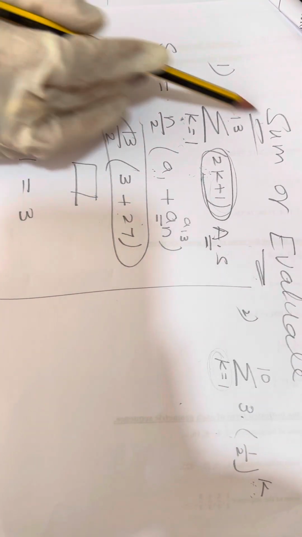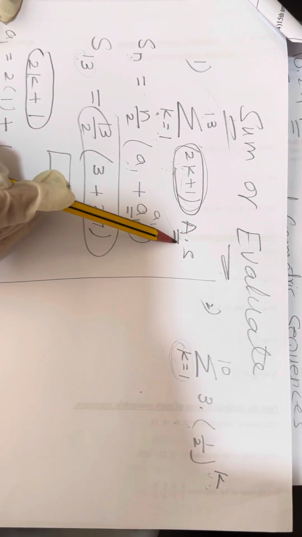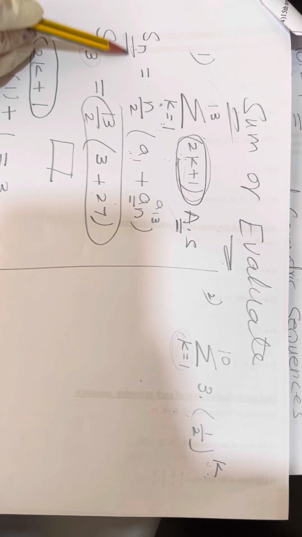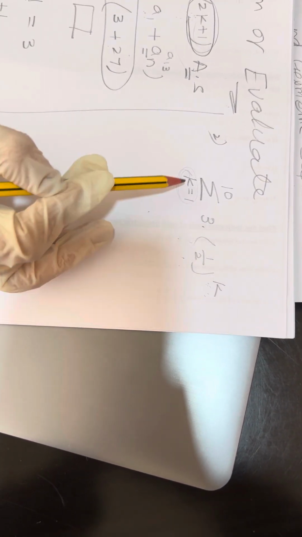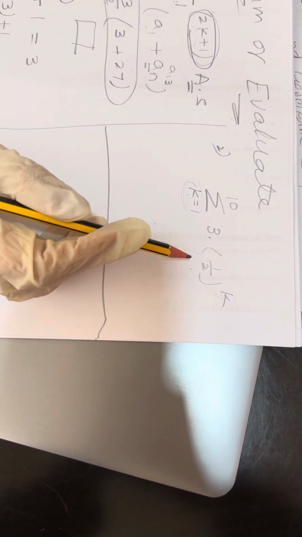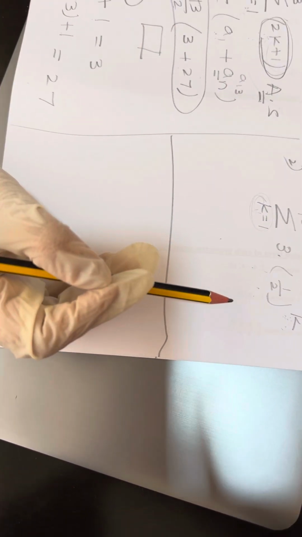So whenever they give you the arithmetic sequence as a sigma notation or as a sequence, and they are saying find sum or evaluate, you have to use the sum formula. This is the sum formula. Now for geometric sequence, how do I know this is geometric? Because the letter is a power. Now in the geometric sequence, we have two types of sequences whenever we are doing the sum or evaluating the expression.